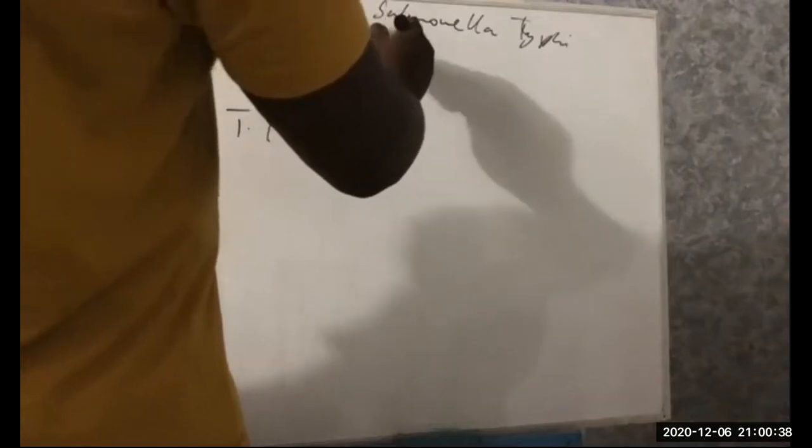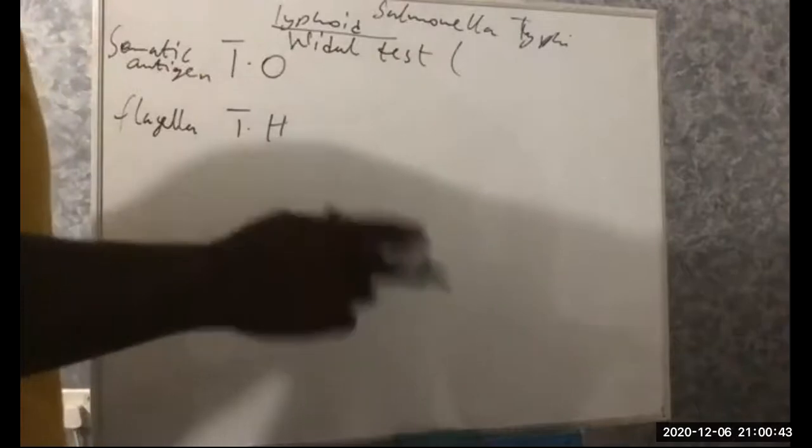Okay, this test that we are talking about is the Widal test. It's checking for antibodies. However, in the developing world, you shouldn't use this test to diagnose somebody, okay? If you want to confirm typhoid fever, use either blood culture and sensitivity, urine culture and sensitivity, or stool culture and sensitivity. In the developing world, we use this test only to monitor treatment.